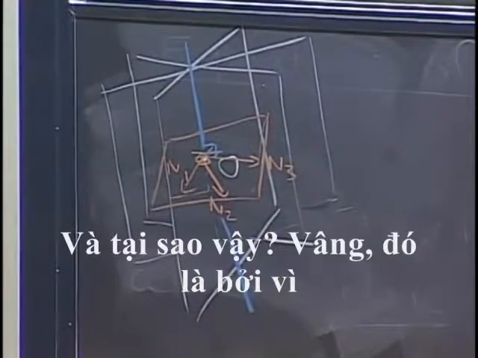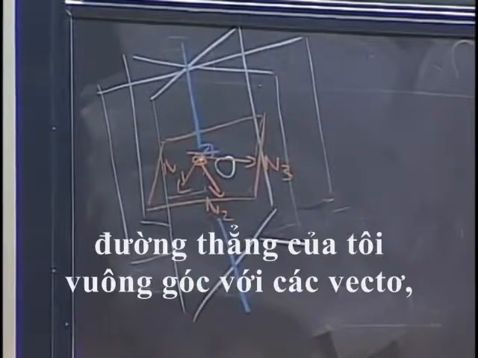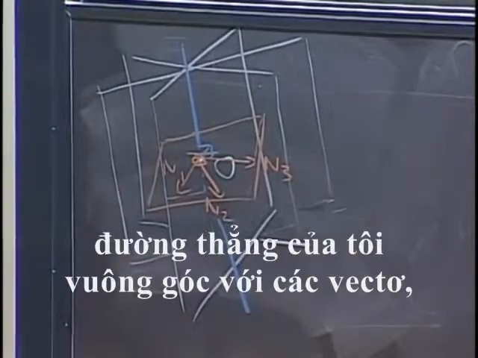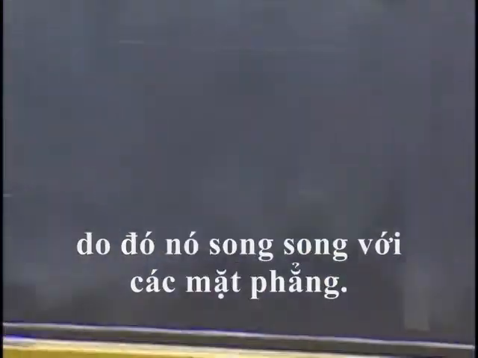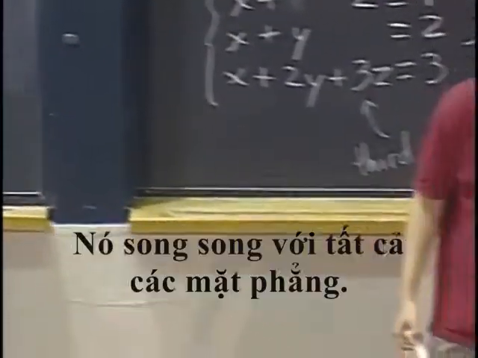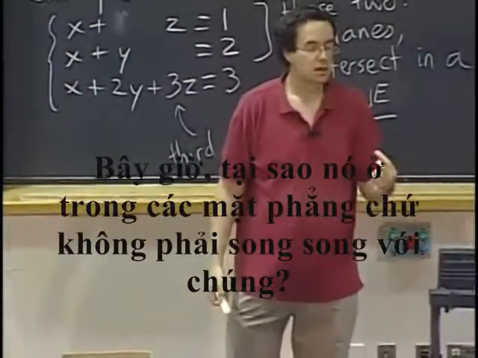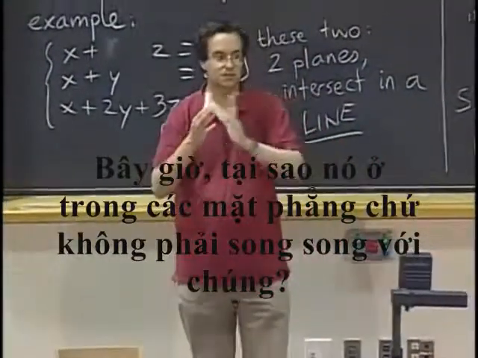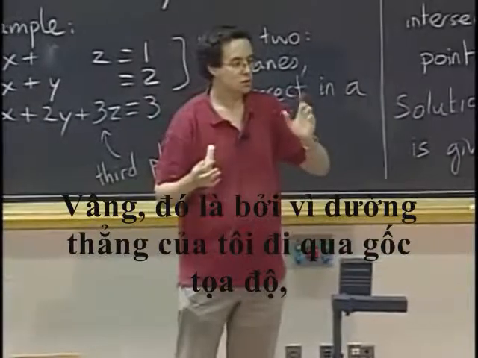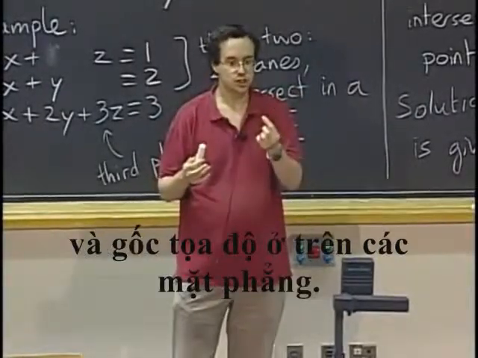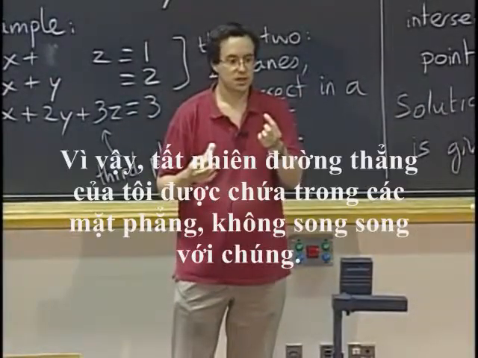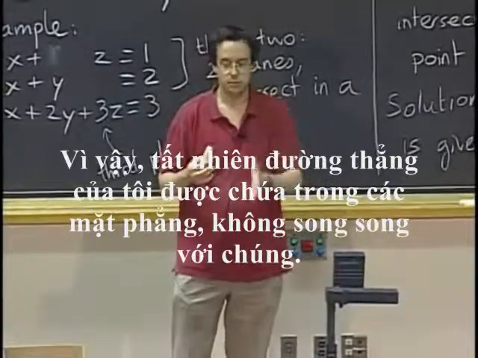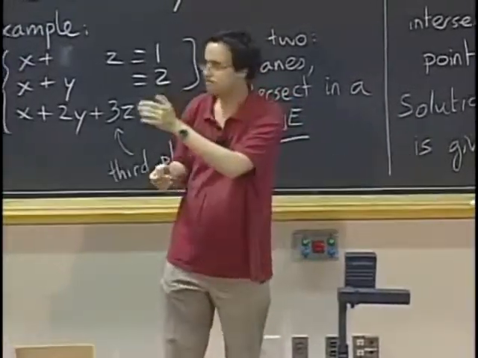And why is that? Well, that's because my line is perpendicular to the normal vectors. So it's parallel to the planes. It's parallel to all the planes. Now, why is it in the planes instead of parallel to them? Well, that's because my line goes through the origin, and the origin is on the plane. So certainly, my line has to be contained in the planes, not parallel to them.